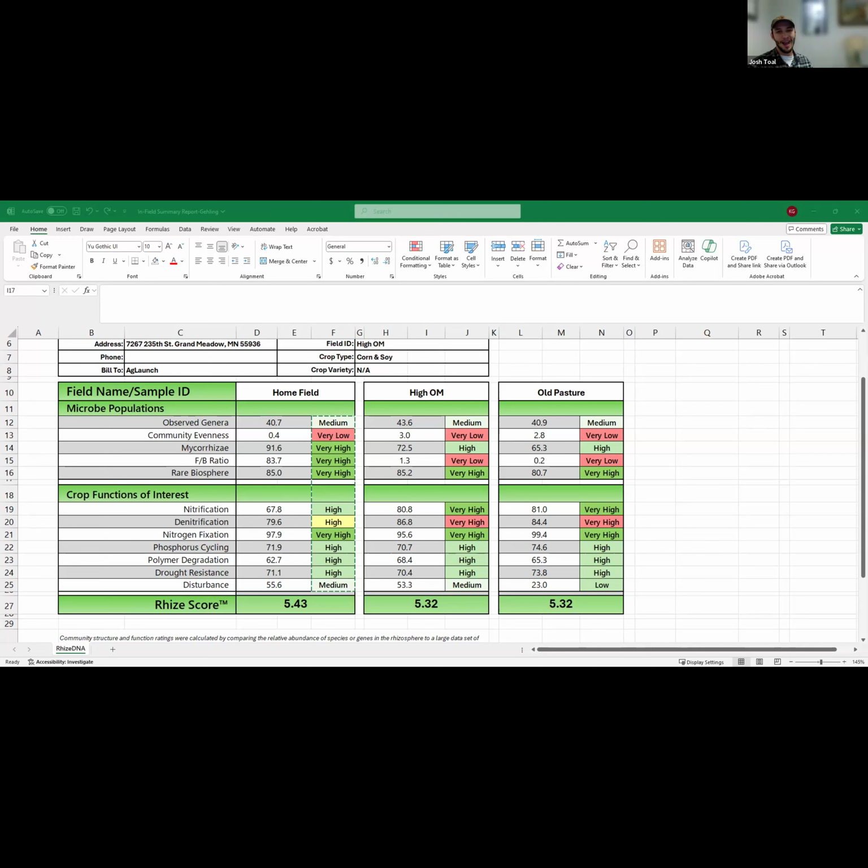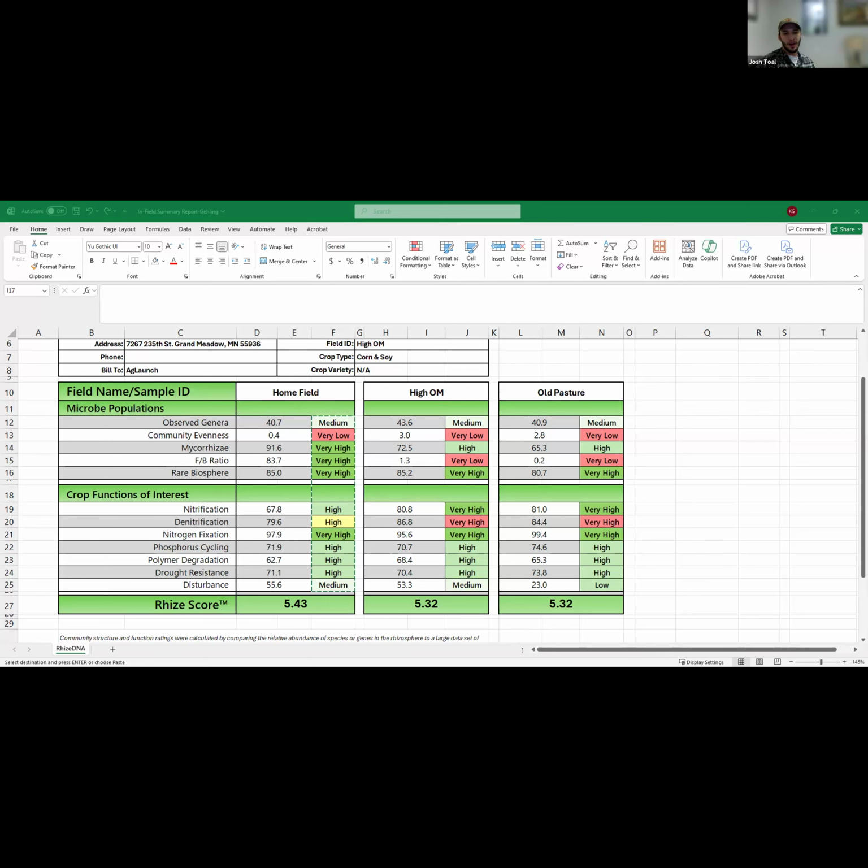Those microbes are very active, and sometimes the crop recruits specific microbes that serve certain functions the crop needs at that point in time. So don't be worried when you see that community evenness score low for these root samples. We're continuing to update that information, and we have enough data at this point to reference these soils against all the other soils to get better averages.